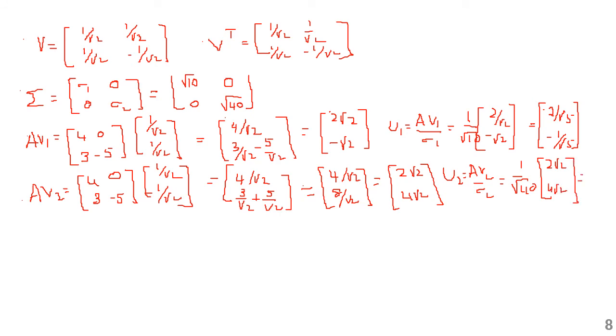Root 40 is 2 into root 10. So I can take 2 out, and root 2 by root 10 gives me 1 divided by root 5.